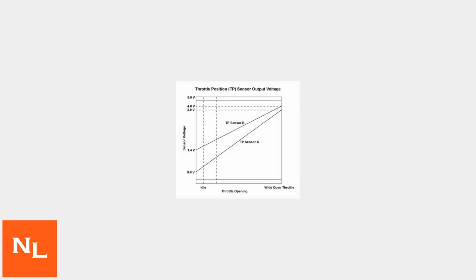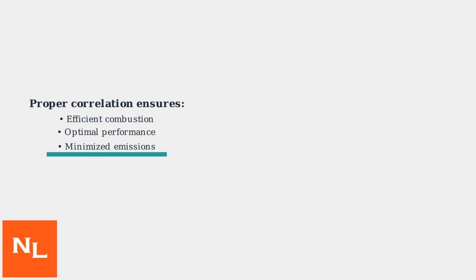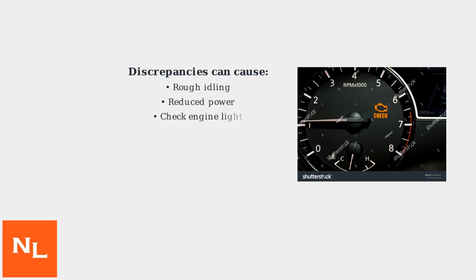For example, the throttle position sensor outputs a voltage that increases as the throttle opens from idle to wide open throttle. When these sensor readings correlate properly, the ECM can deliver efficient combustion, optimal engine performance, and minimized emissions. But if the sensor readings don't correlate, it can lead to rough idling, reduced engine power, and trigger the check engine light. Several issues can trigger the P0068 code.